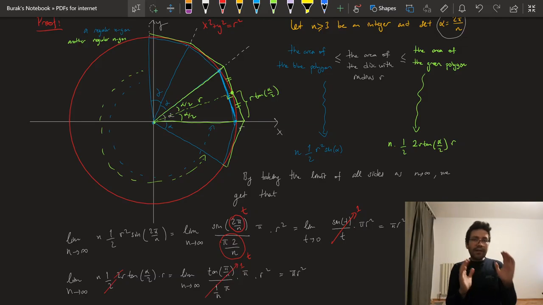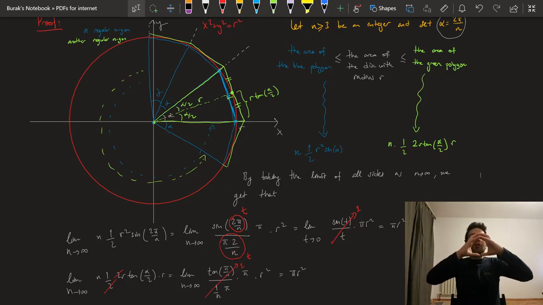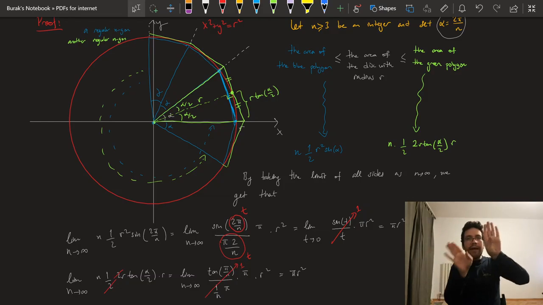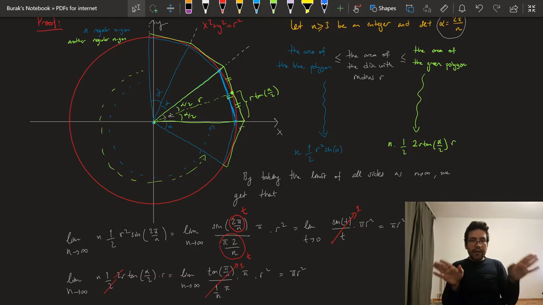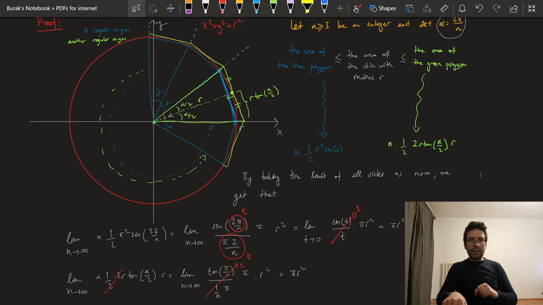I created two polygons, one contained in the circle and the other containing the circle, made up of triangles whose areas I actually know. That allowed me to squeeze the area of my shape between two numbers. Then I took the limit, and I got the exact same limit, which told me that therefore the area of my shape is whatever that limit is.